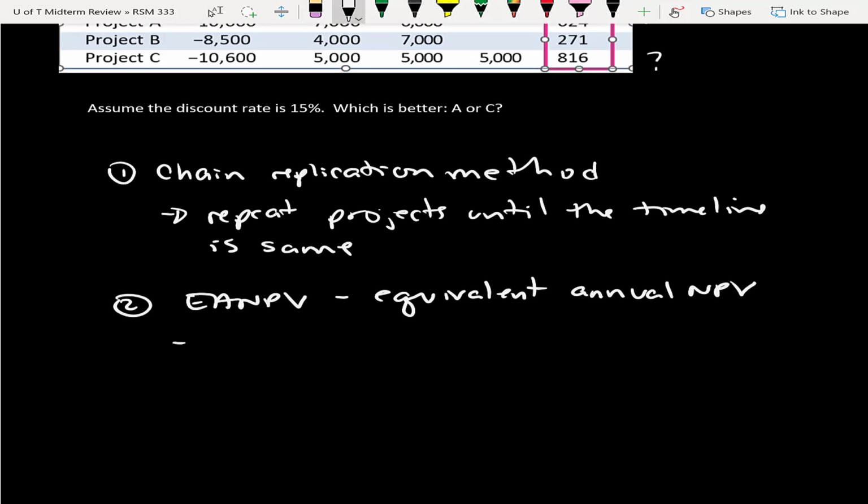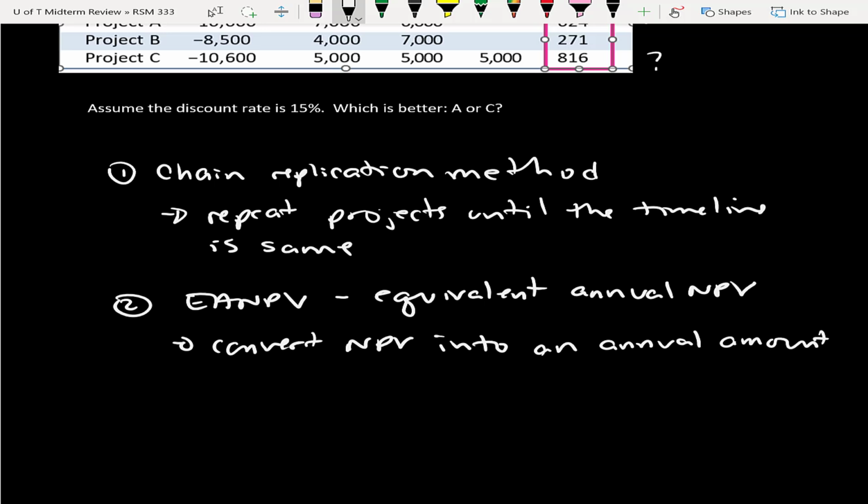And this is where you convert the NPV into an annual amount. And it's not going to be as simple as just dividing the NPV by 3 years, because there's time value of money involved here. Okay, but let's do method 1 first.